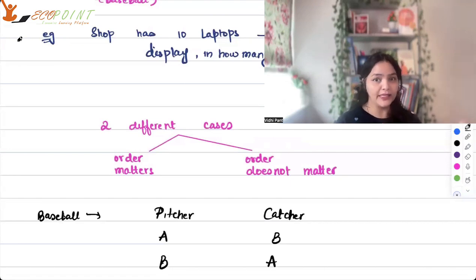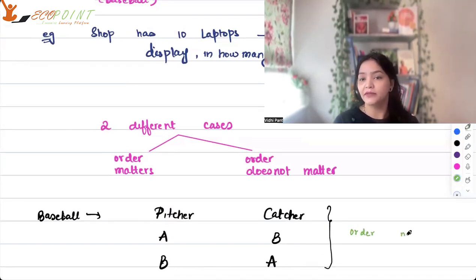So A being selected as a pitcher and B being selected as a catcher is a different case from the case where B has been selected as a pitcher and A has been selected as a catcher. So what do you think here? Clearly here order should matter, no? Order matters. In this scenario, order matters.